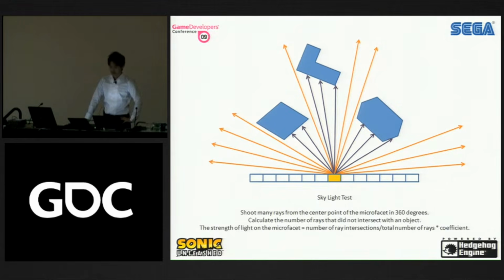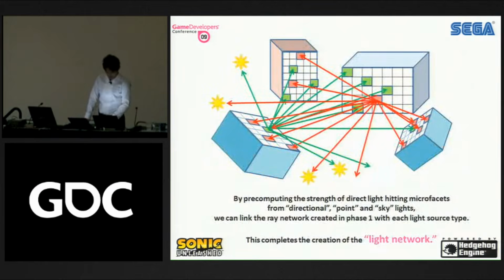There are so many microfacets, and actually there are a lot of rays which come from one microfacet, and then you will remember the ratio. This is like ambient occlusion.